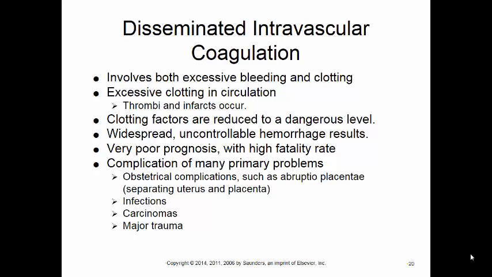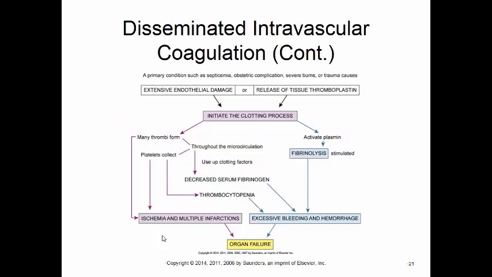So all these primary problems can end up causing this coagulation and clotting to occur, and then lead us down to this disseminated intravascular cycle. So even with a major trauma, you use up all your clotting factors and your clotting mechanism, and then you're susceptible to excessive bleeding.